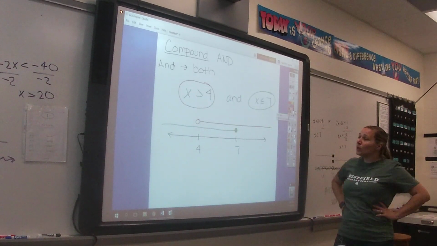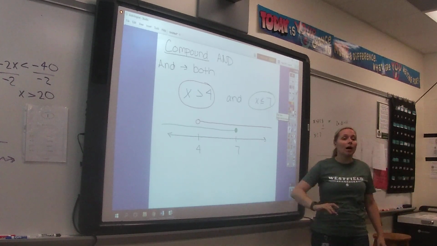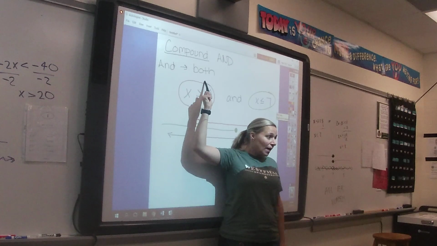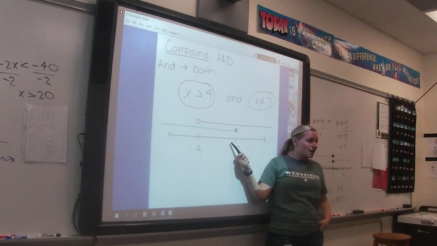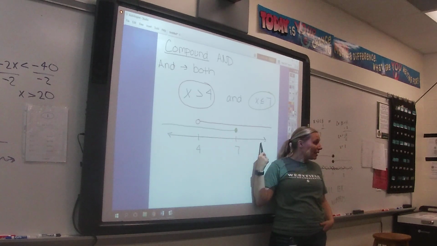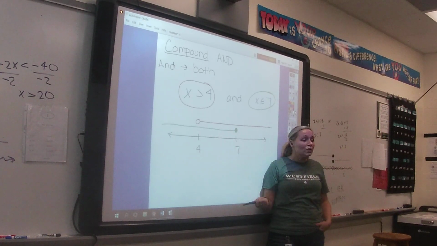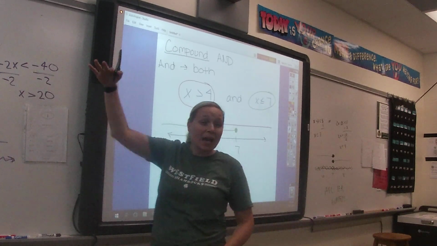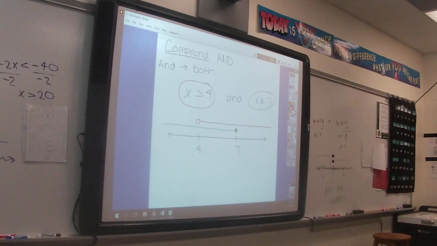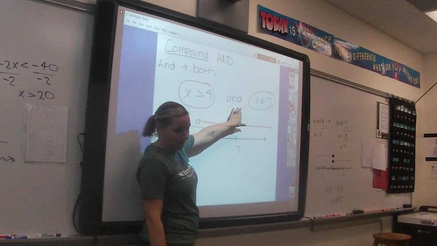Okay, so now when we're looking at this, we need to pick where they are both happening. Yesterday if we saw a graph like this, we ended up with a solid line and we said all real numbers. But now we're only picking where they both happen. So we are going to interpret that stuff up above differently based on what word we see here.